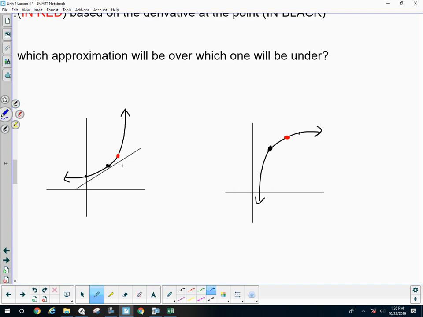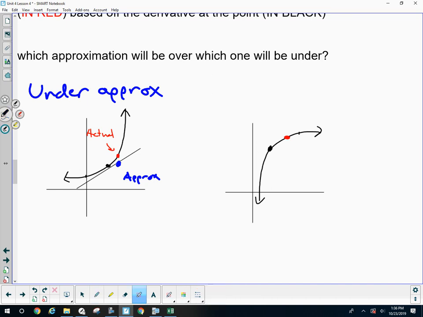If I'm on the tangent line, this blue dot would be my approximation. The red dot would be my actual. We would call this an under approximation, because my approximation is under the actual. It'll be less than the actual.